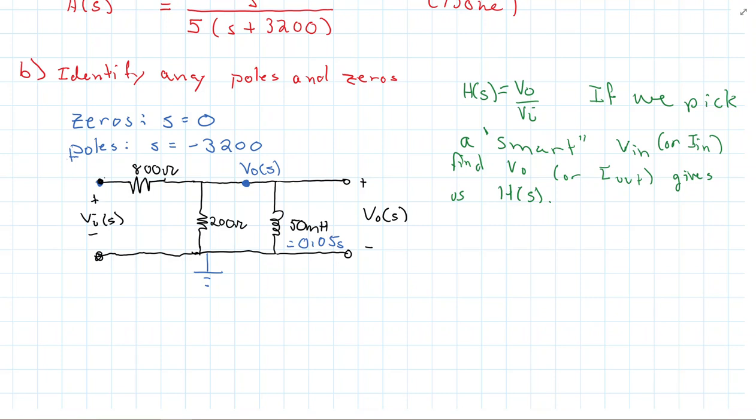But if we think about, going back to here, that H at S is V out over V in, if we think about what would be a nice function, we could pick anything for V in, and then find V out.